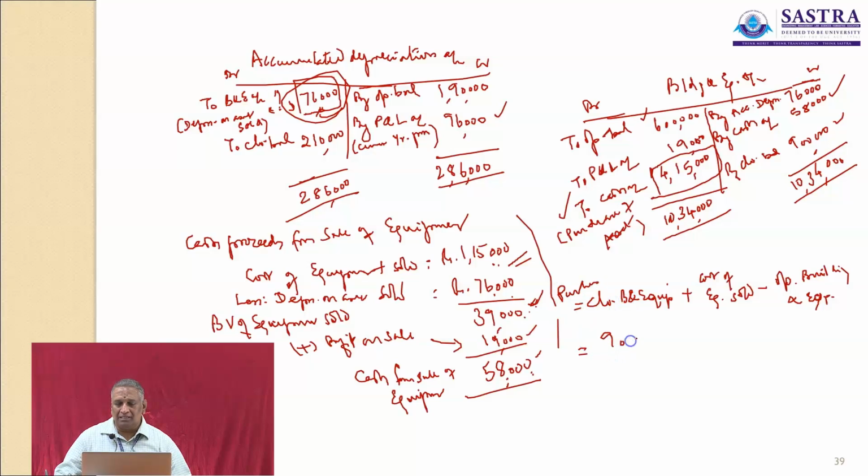Supposing closing balance is 9 lakhs, and cost of equipment sold is 1,15,000, minus opening balance of 6 lakhs. So from 10 lakh 15,000, if you subtract 6 lakhs, you will get 4 lakh 15,000. That is the purchase of equipment. That should be taken as purchase of equipment.